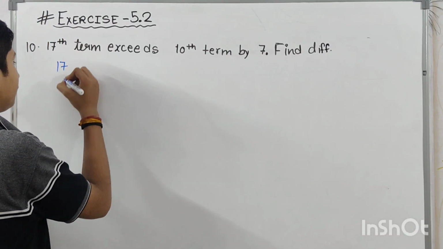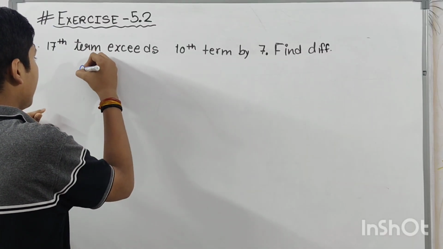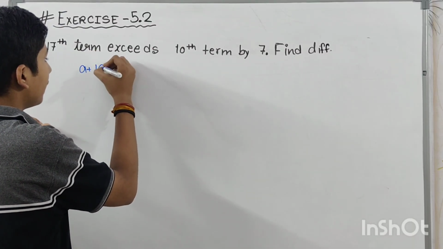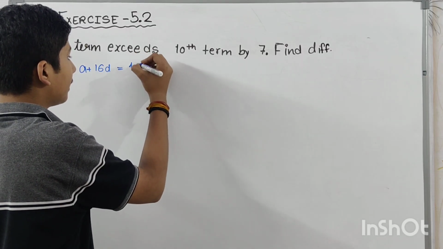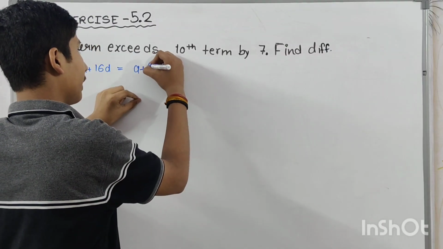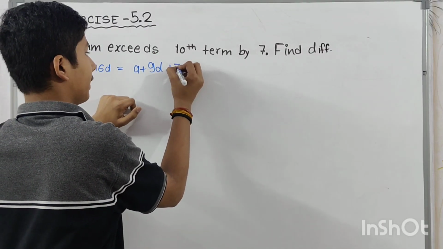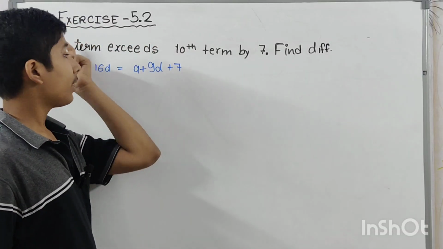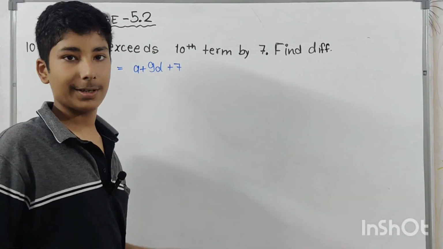The 17th term, a plus 16d, is equal to a plus 9d plus 7, meaning this 17th term is 7 more than the 10th term.